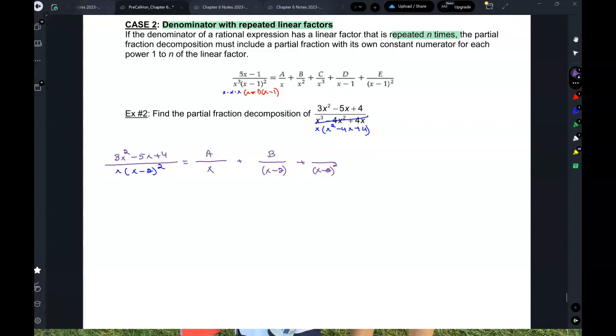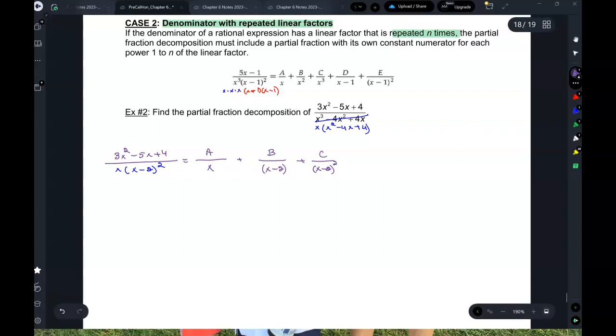Nothing new here. And then this one, look at the term itself underneath. x minus 2 is still linear, so it just gets a C, because it's a linear term that's being squared. So now we're going to do the same thing.